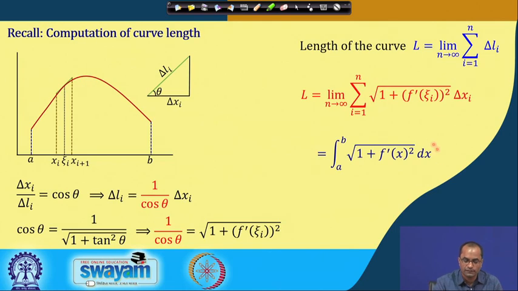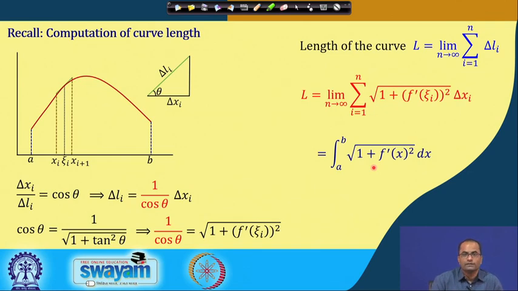So, this integral from a to b of square root of 1 plus f prime square dx will give us the curve length of the curve given by the function f in the range from a to b. So, what we have learned is that in case of the curve length, the formula is given by the square root of 1 plus the derivative whole square.